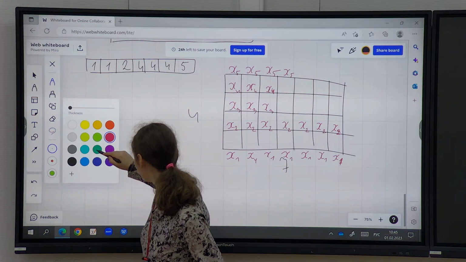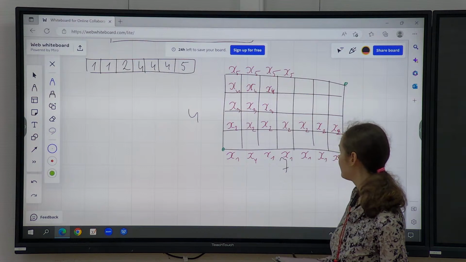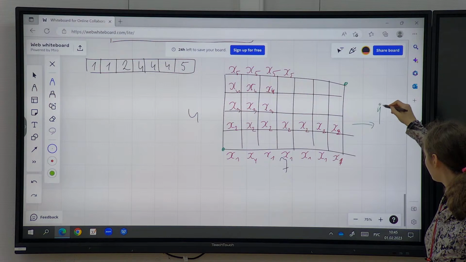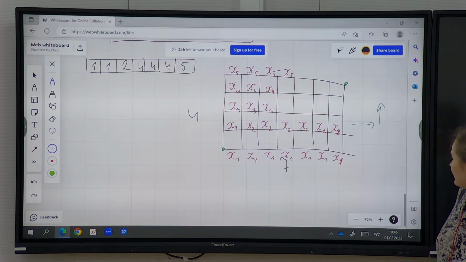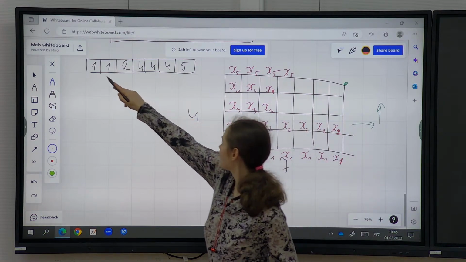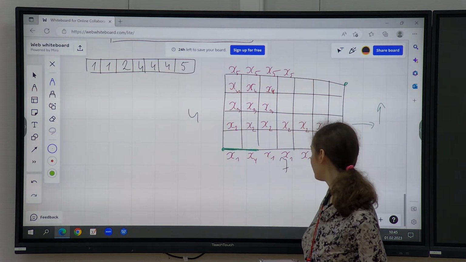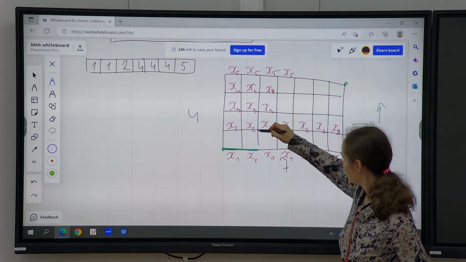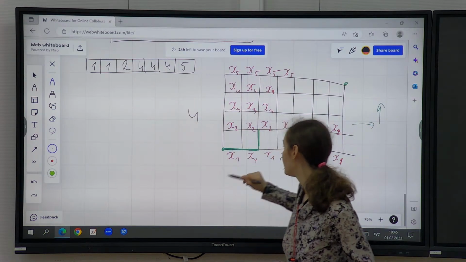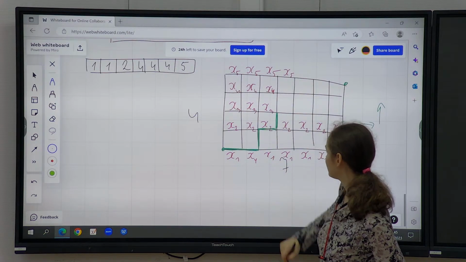And then I will draw a path from this corner to this corner that consists of the steps rightward and upward, like this. So here I make two steps on the first floor. Then I go one step up. Then I have one step on the second floor. And one step up.